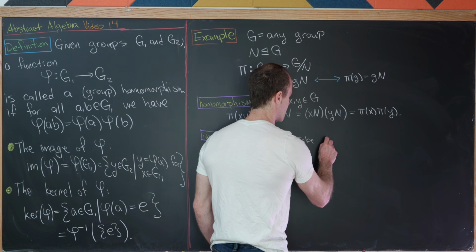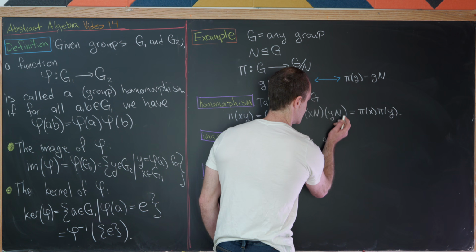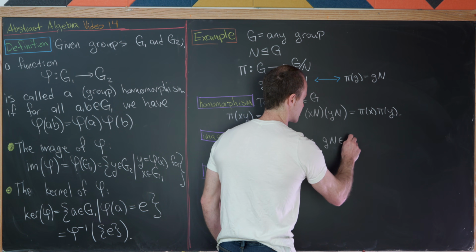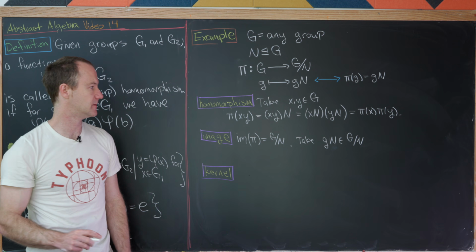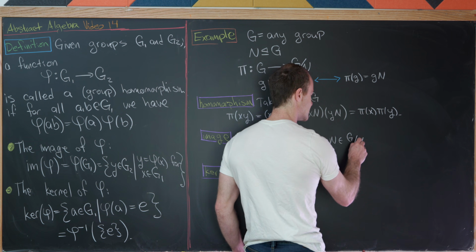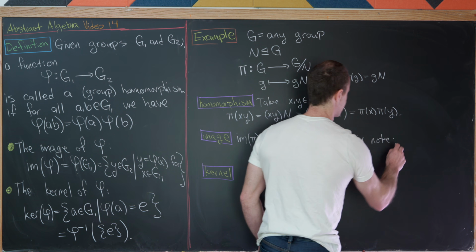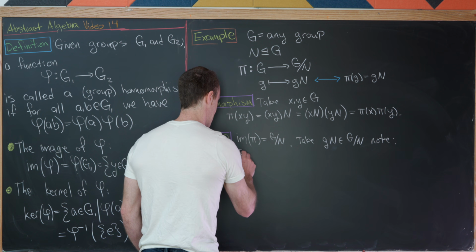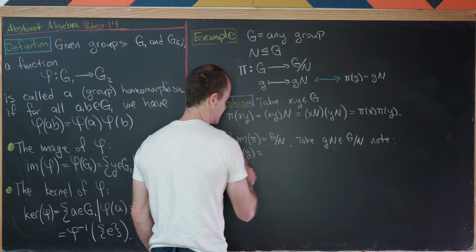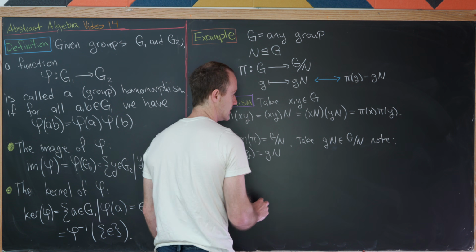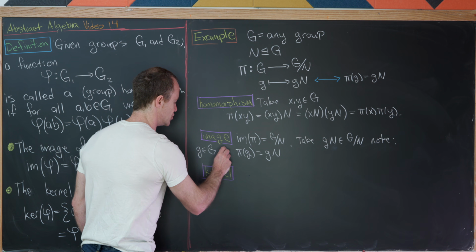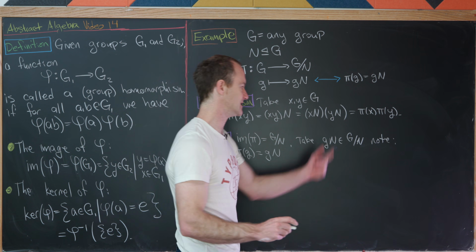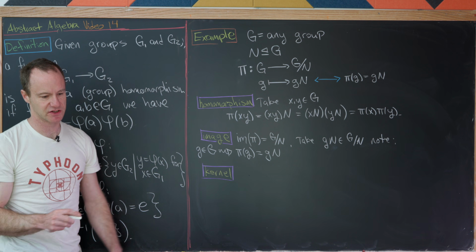Let's take an arbitrary member of G mod N, but that arbitrary member will be a coset. So we'll call it gN. And then we'll notice that we can most definitely find a pre-image of this, and that is pi of g is sent to gN. And that's because this little g is inside of G, just by the definition of G mod N. That's how we construct those things.